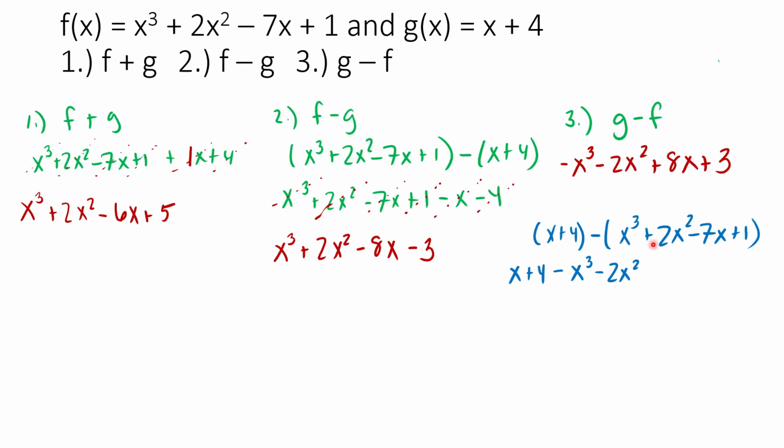So minus x to the third minus 2x squared minus negative 7x, which is to add 7x, and then minus 1. Putting this in order, we've got negative x to the third minus 2x squared. We have x plus 7x, which is 8x, and 4 minus 1, which is 3. And you can see that, yes, that matches what we got when we flipped the sign.